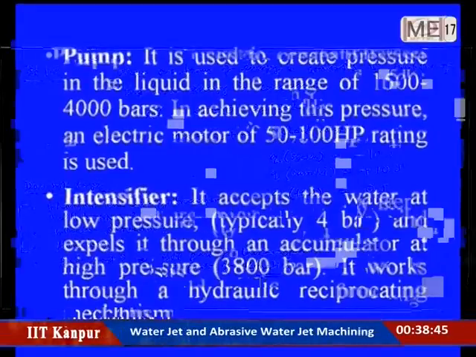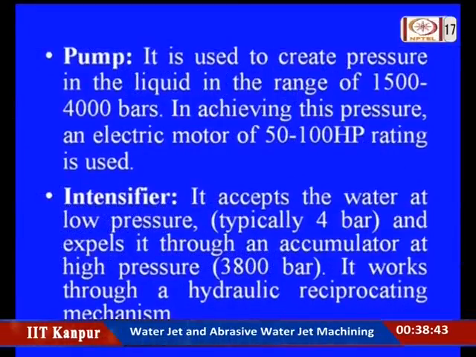4,000 bars. Thus, we can see this is a very high pressure that will be created in water. In achieving this pressure, an electric motor of 50 to 100 horsepower rating is used. Now, let us see what an intensifier is.